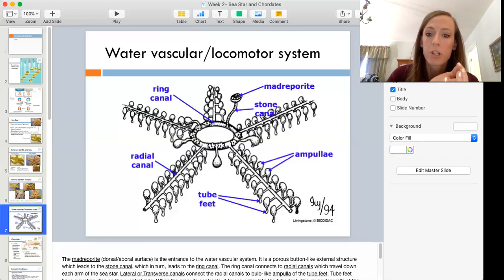That pushes water into the tube feet, and this will create a rigidity in the tube feet in that area. So you can have some rigidity in some areas and simultaneously some flexibility in other areas. This is what allows for the slow movement that we are familiar with sea stars using for their locomotion. So that is the water vascular system, the pathway that water takes to travel through the sea star.